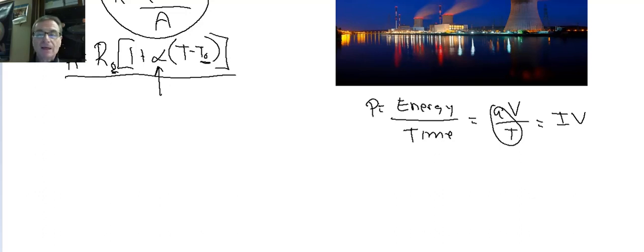Okay? Well, we also have good old Ohm's law here. V equals IR. And so there's more than one way to get the power in a circuit.